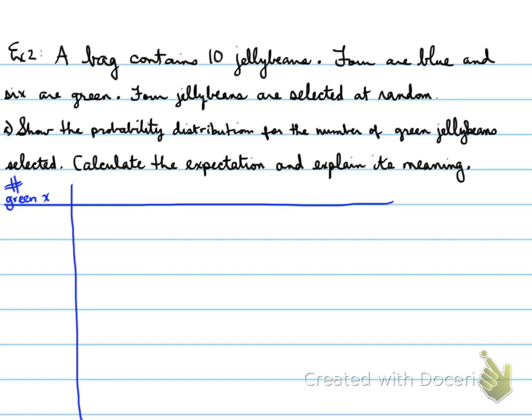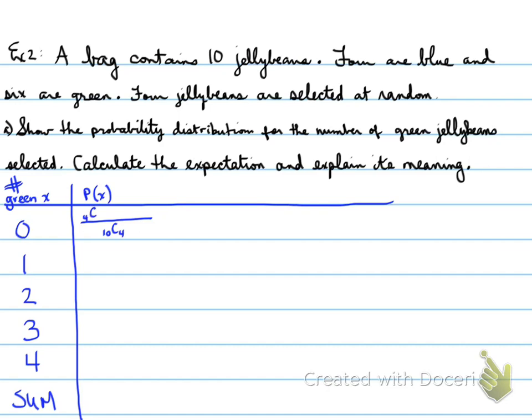So that's our X, and we're going to go up to how many jelly beans were selected. In our case, 4 jelly beans were selected, and we need to know the sum. Now, the probability of getting those jelly beans: from the 10 jelly beans, that is 10 choose 4 on the bottom.